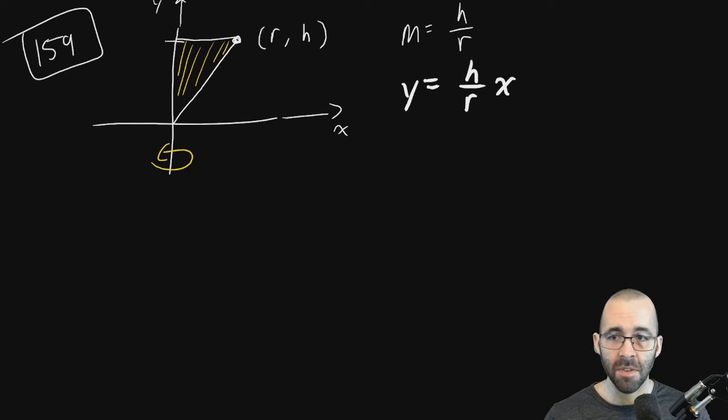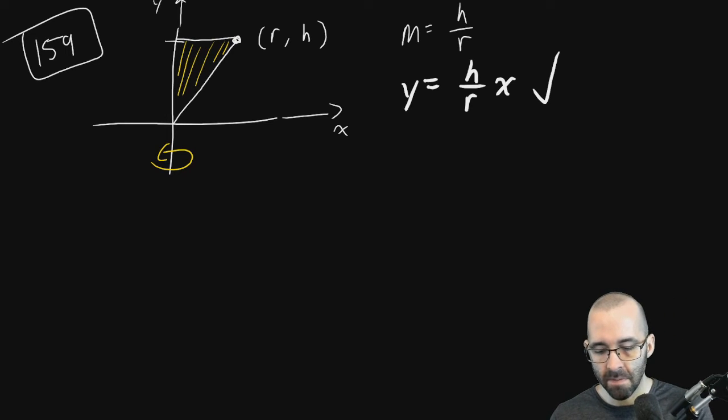Now, do we want things in terms of x or terms of y if we're using the shell method? Well, we want things in terms of x because we're rotating about the y-axis. This is what we like. Now we're using shells. We're going to have these little guys. These are our little shells.